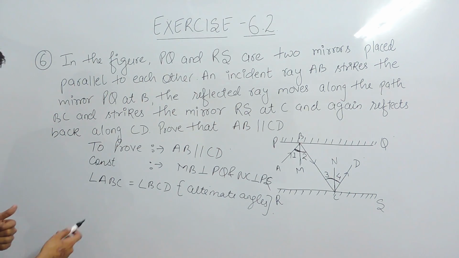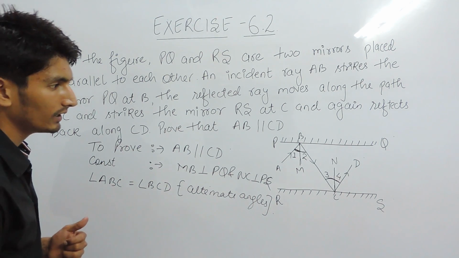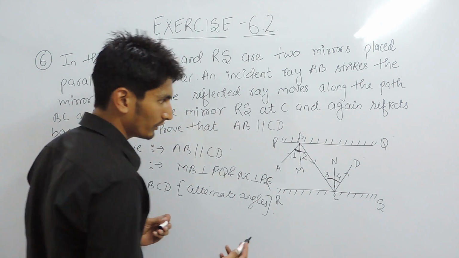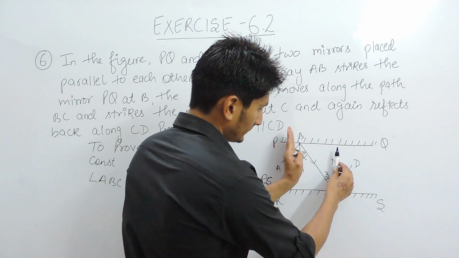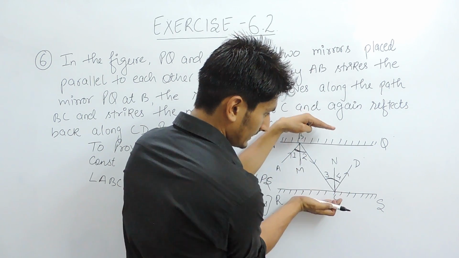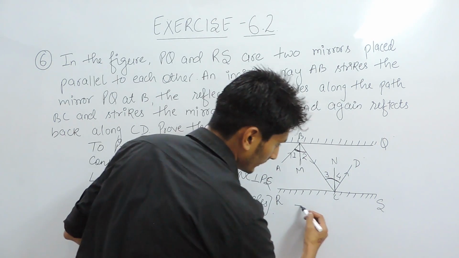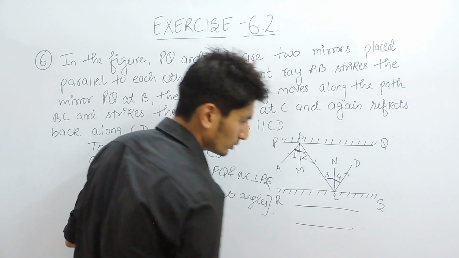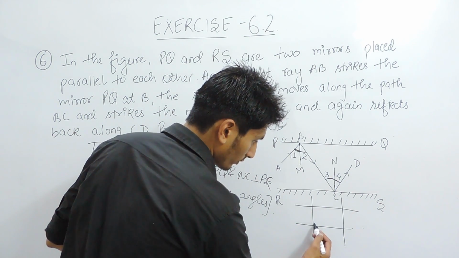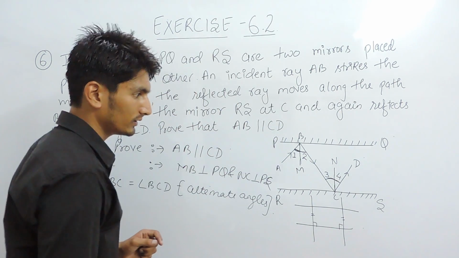And if we suppose these two lines are parallel, this angle must be equal. After that, these two lines are perpendicular to these lines, so obviously these must also be parallel. We are saying that these two lines are parallel, and we are drawing two perpendiculars on them, so obviously this line must be parallel to this line.